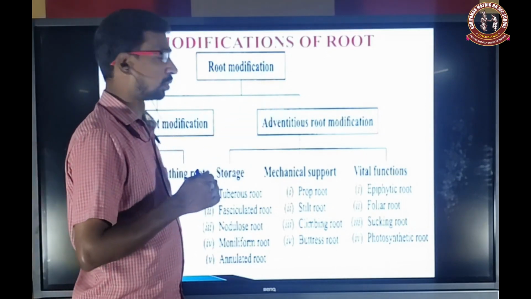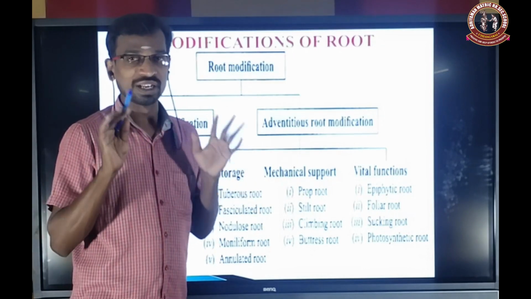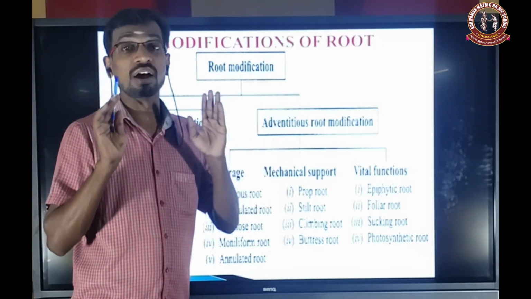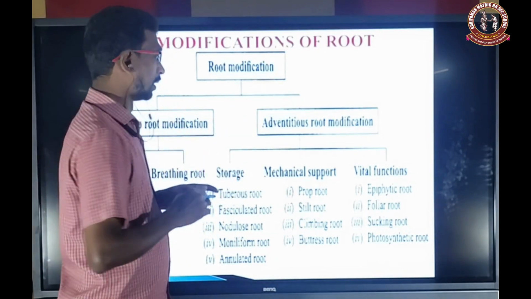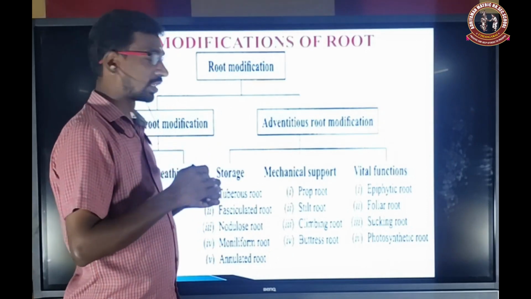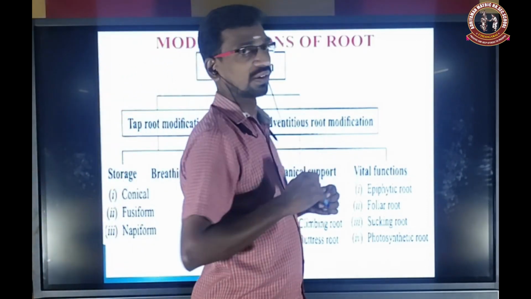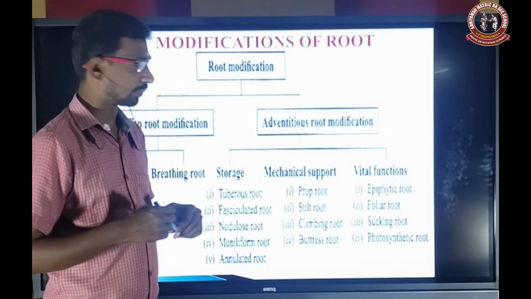And in the adventitious root, we already know what the adventitious root is. It is not formed from the radicle. It is formed from parts other than the radicle, from any other part of the plant body. For its function, the adventitious root may act as storage, mechanical support, or vital function. Storage is very common; it stores food material.